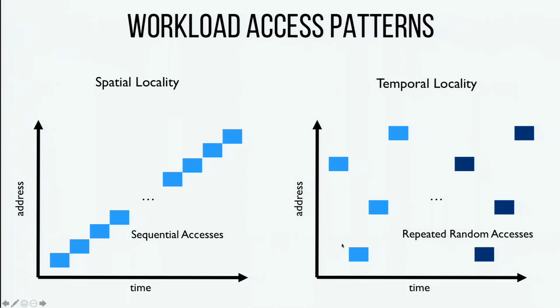Now you can't predict by address where we're going to access, but it's very likely that in a short interval of time, we'll access something that we accessed in the past. So this is temporal locality. This picture exactly corresponds to that pseudo-random program that I showed you before, where the first time through the loop, we accessed a bunch of pages, and then the second time through the loop, we accessed those same pages again.